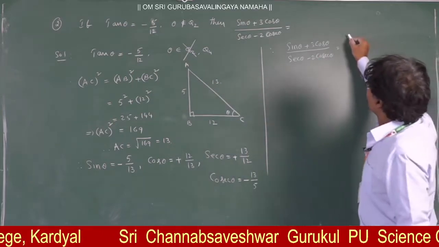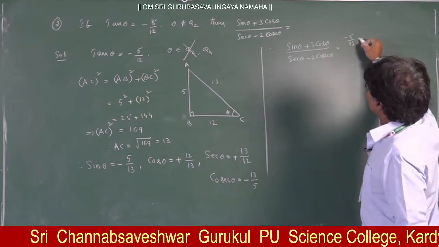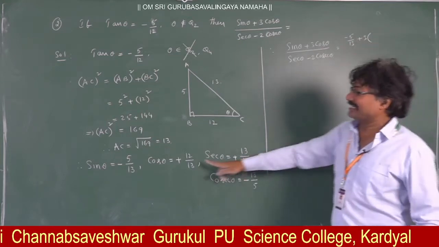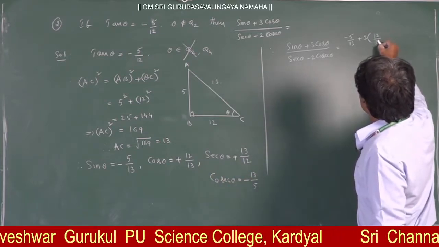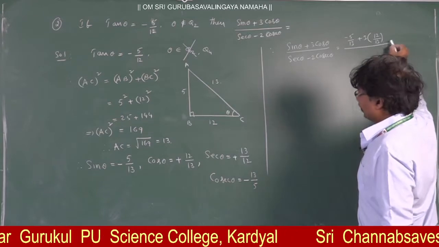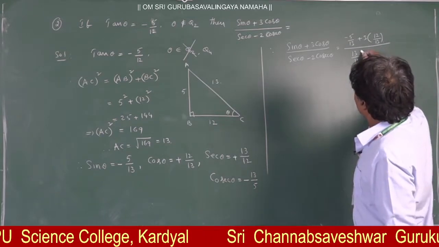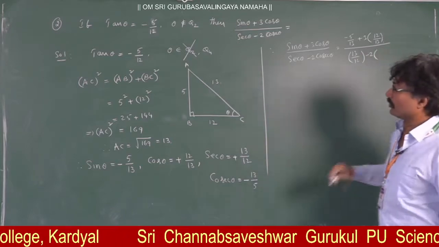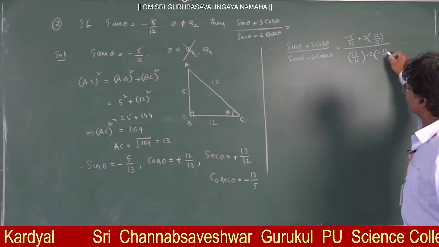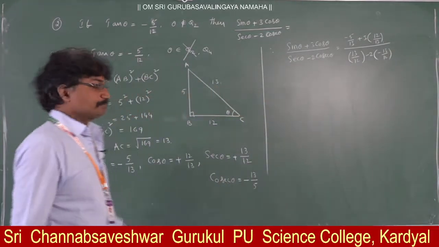Sin theta is equal to minus 5 by 13 plus 3 into cos theta, 12 by 13, whole thing divided by secant theta, 13 by 12, minus 2 into cosecant theta, minus 13 by 5.